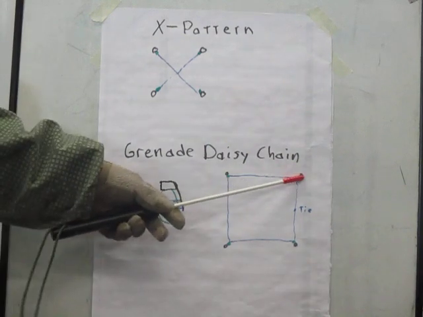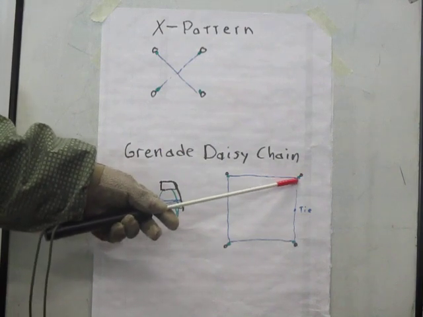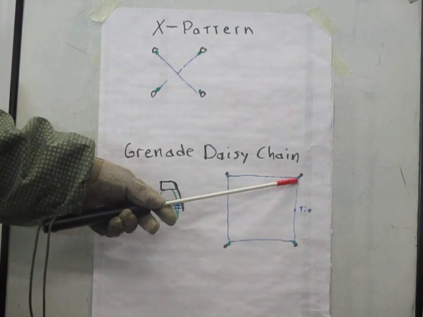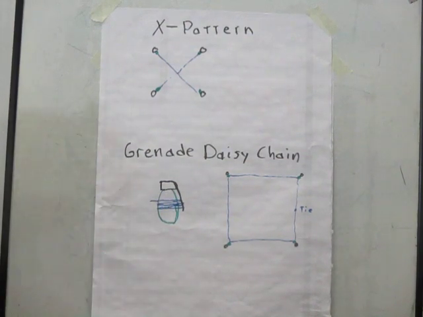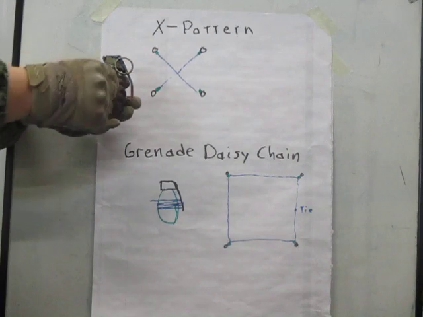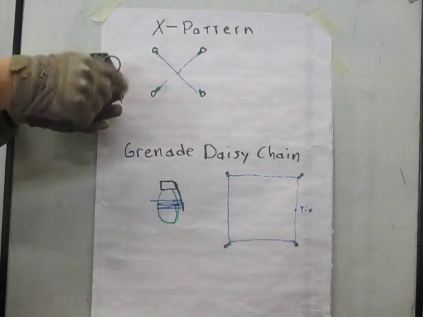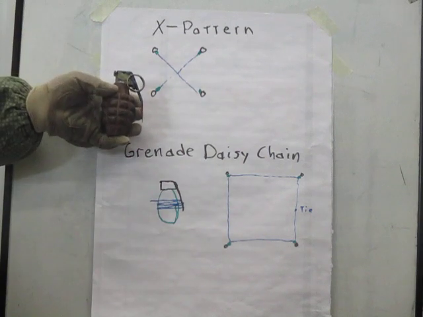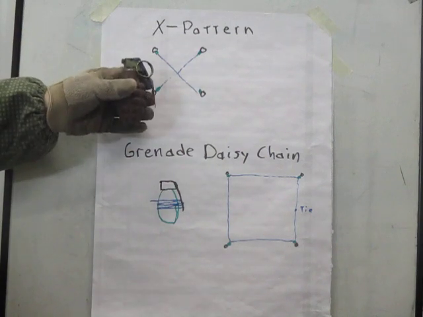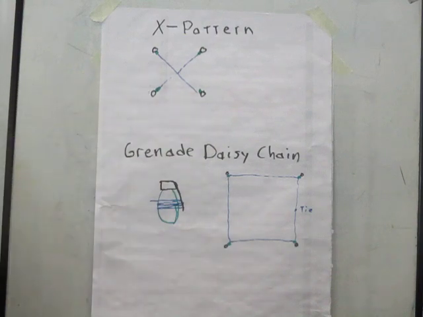The tripwire is tied around that grenade, but not over the safety lever, just over the body of it. So just inside this area, not over this, on that one grenade. And then they would have it set up where the pin would get pulled by a tripwire down on the ground. That one grenade on the one corner would go off, and then that would loosen up the wire to set off the other ones kind of in series over the tops of the heads of the soldiers walking along that path.